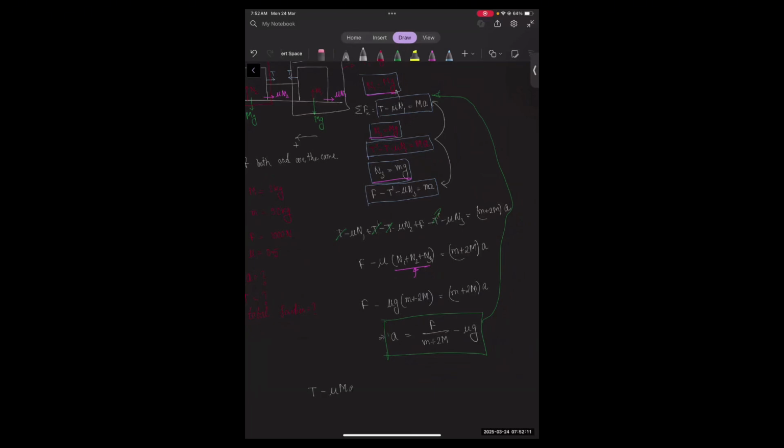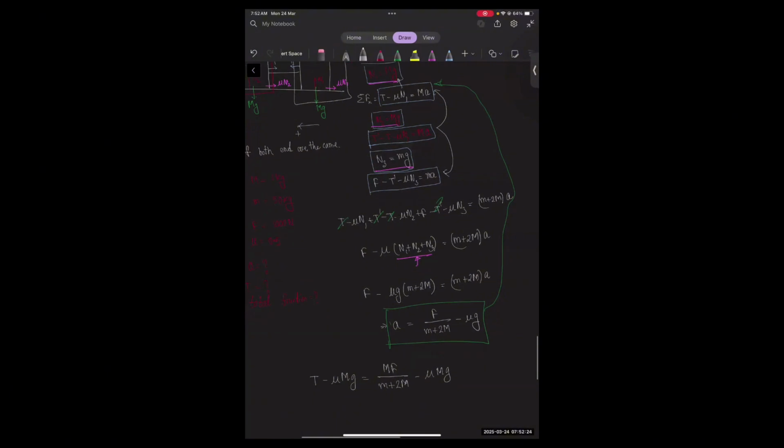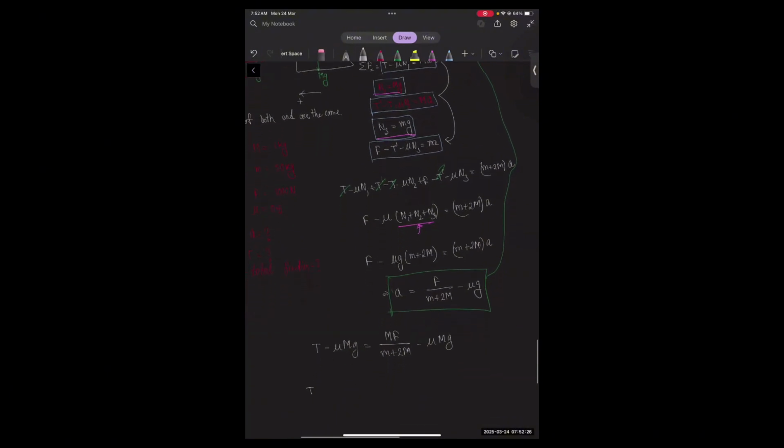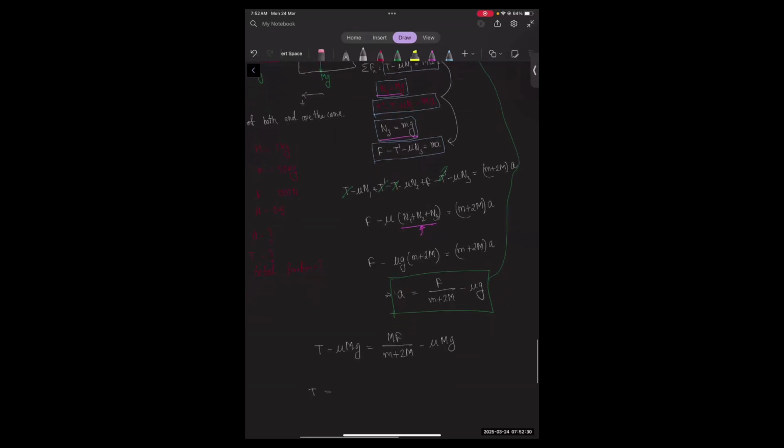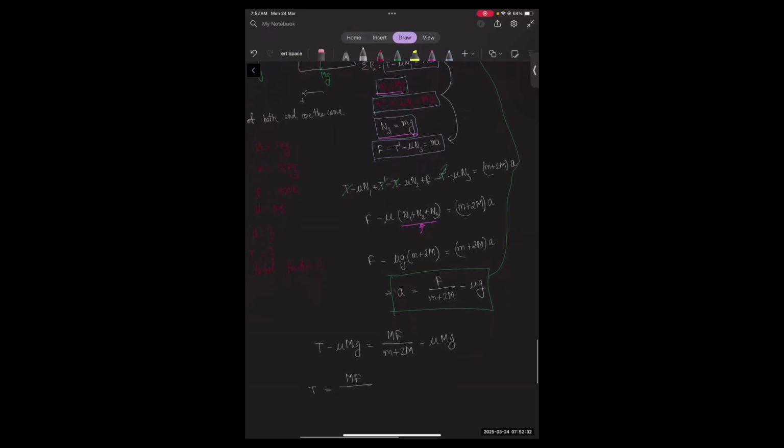So minus mu mg is equal to m times a. So you have m times f divided by m plus 2m minus mu mg. What are we supposed to find? We're supposed to find T. That will give you that T is equal to m times f divided by m plus 2m minus 2 mu mg.